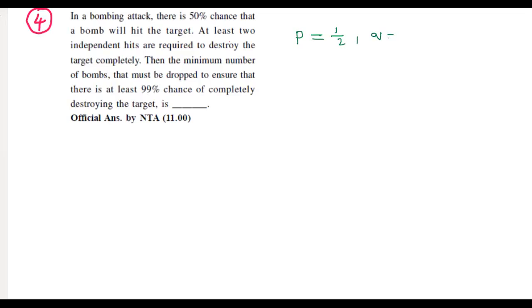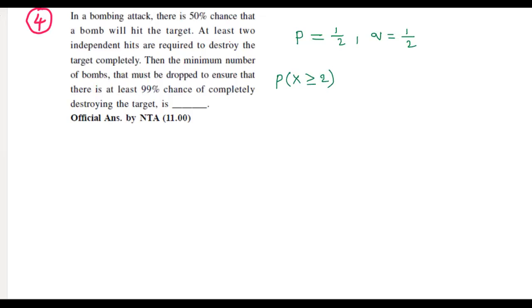The remaining 50% is not hitting the target. At least two independent hits are required to destroy the target completely. At least two means minimum two. So we need P(X ≥ 2).